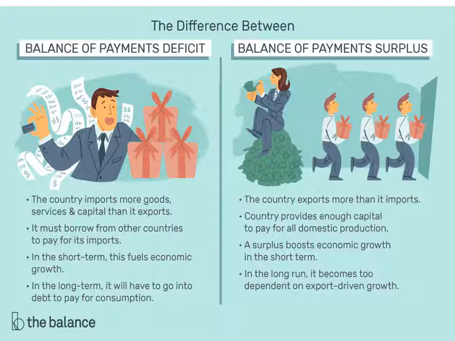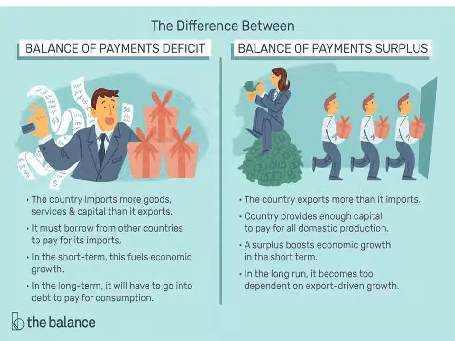So in terms of the balance of payment, you'll get a deficit when countries import more than they export in goods, services, and capital. Because remember, we're looking at all accounts here, including the investment of capital. If countries have deficits, they have to borrow from other countries to help pay for their inputs because they are already in a deficit.